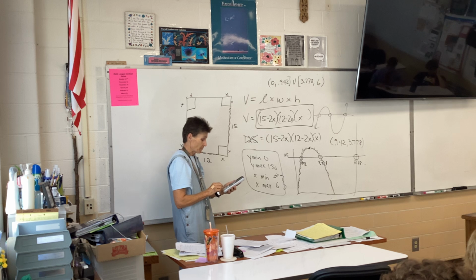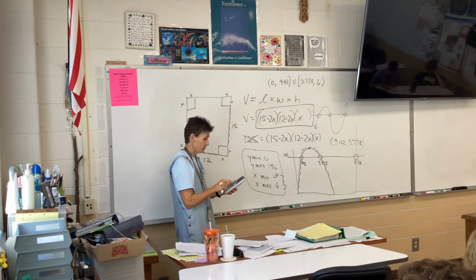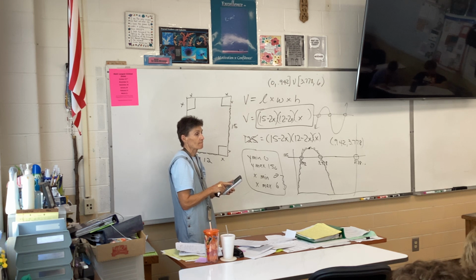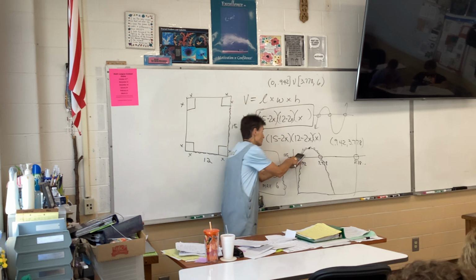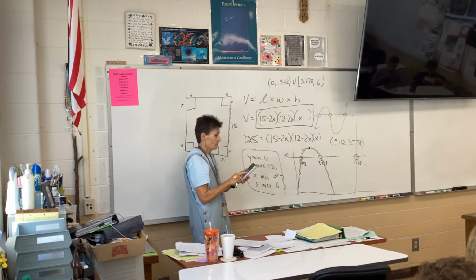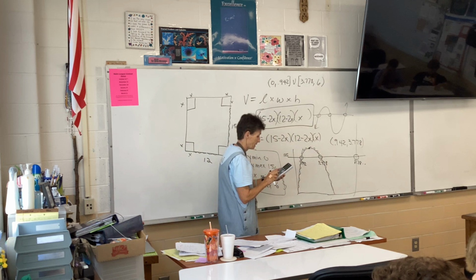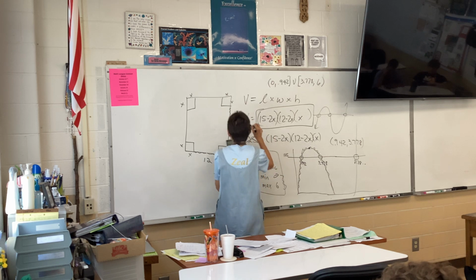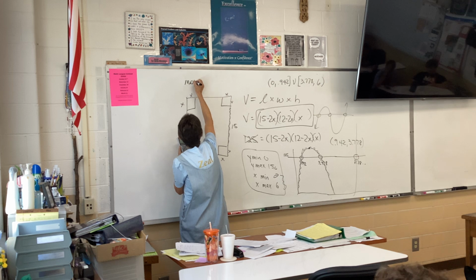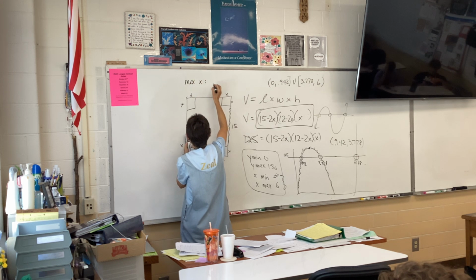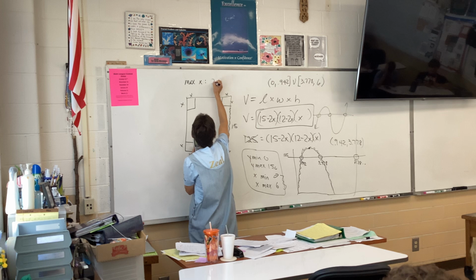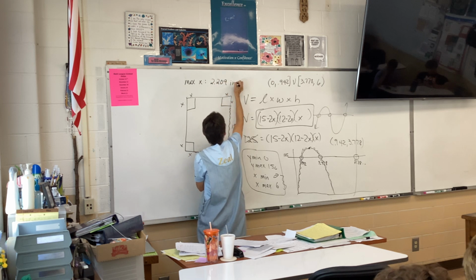So here we go. Second calc, maximum. Set your left bound over here somewhere. Your right bound over here somewhere. And then put it right there at the top. And the x that maximizes the volume is 2.209 inches.